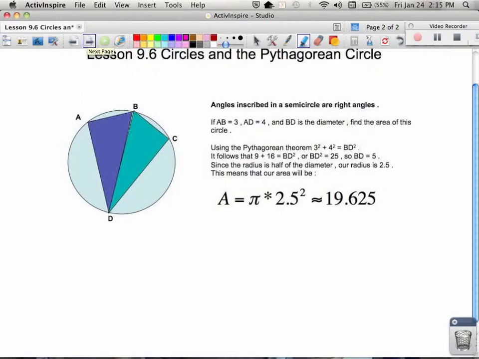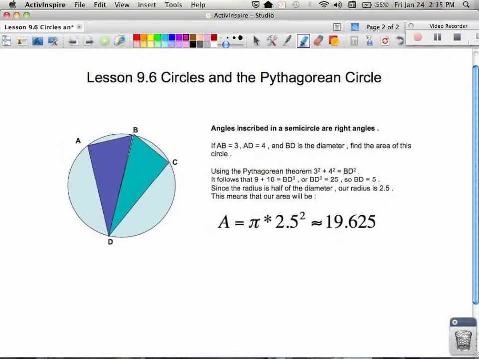In our last slide, slide 2 here, what we're going to talk about is how angles that are inscribed in a semicircle help us. So we learned earlier, much earlier in our class, that if you have an angle inscribed in a circle, it's half of the intercepted arc.